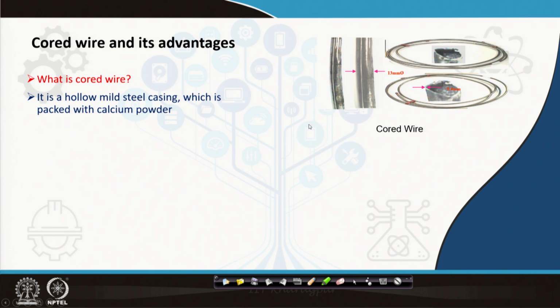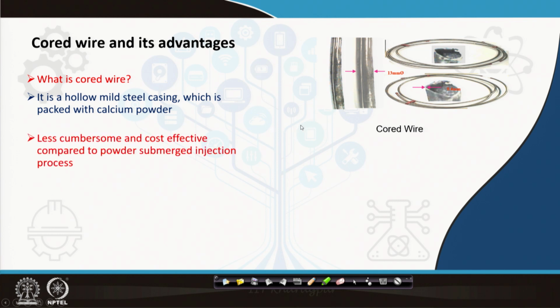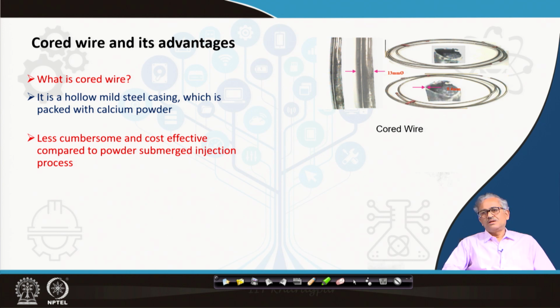So that's why it is called cored wire. You just inject this cored wire into the liquid melt, and when the wire melts, it releases the powder. That is the way you can release the powder in a submerged condition. Thus, the powder is released into the liquid.